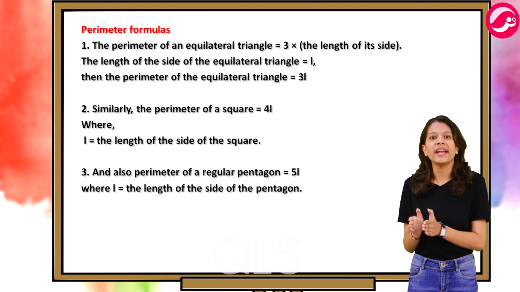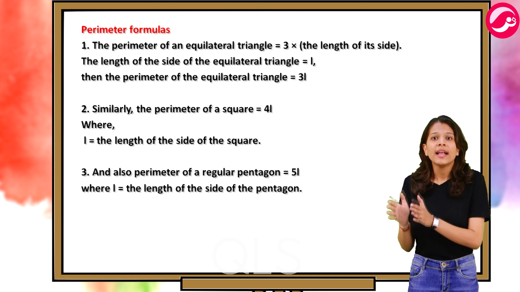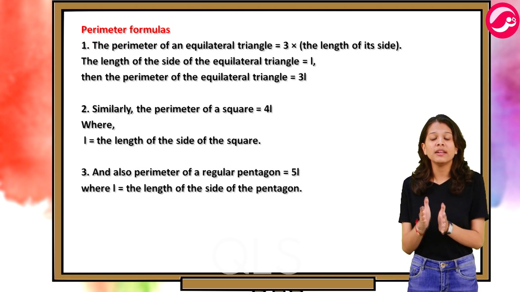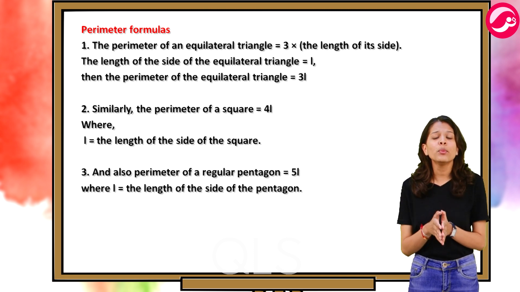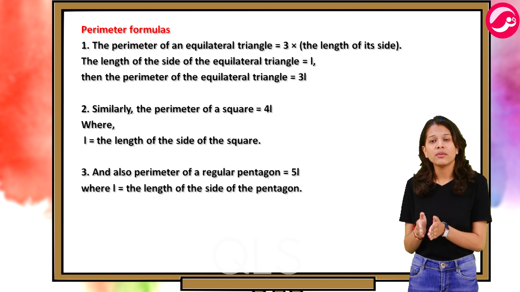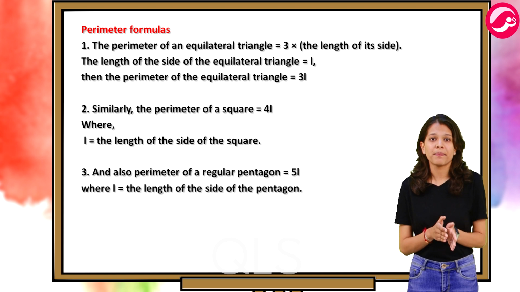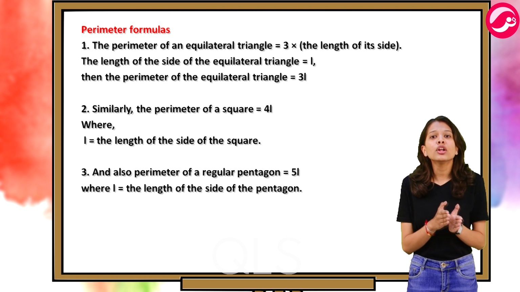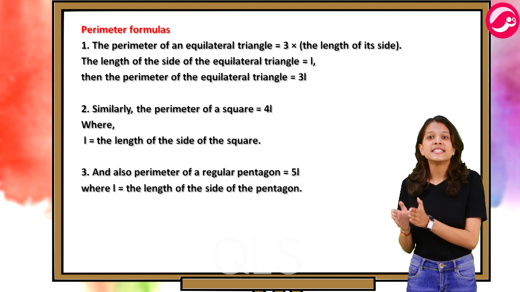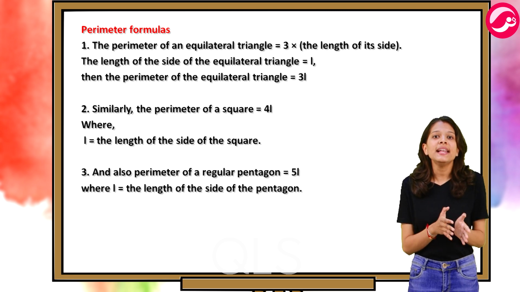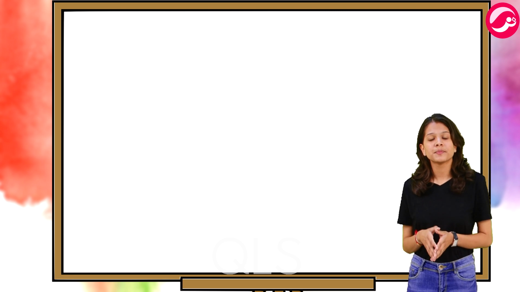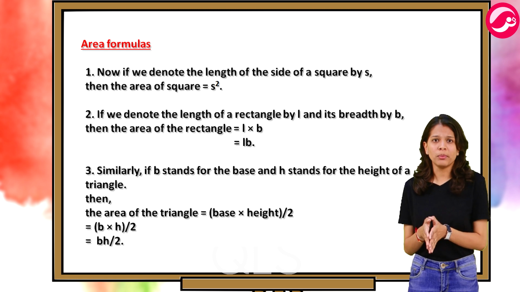If the length of the side is L, then the perimeter is 3L. The second one is the perimeter of a square, which is 4L, where L is the length of the side of the square. Also, the perimeter of a regular pentagon is 5L, where L is the length of the side of the pentagon.